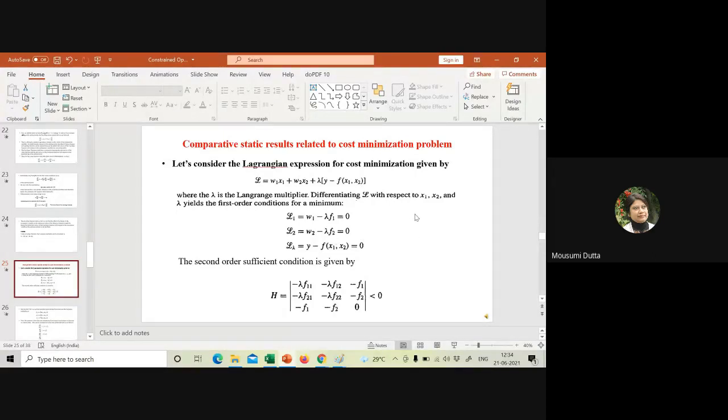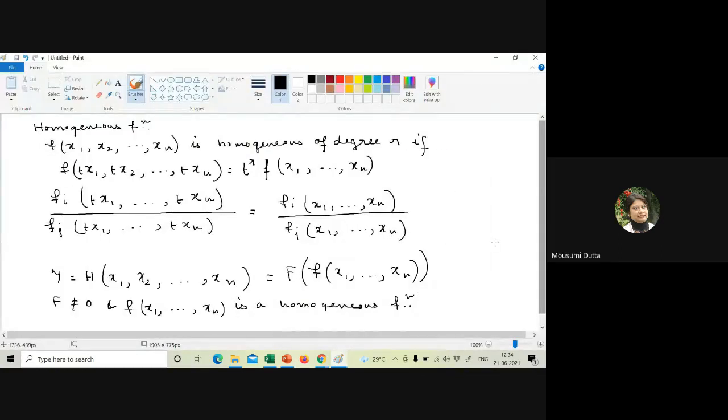Before going to comparative static results, or discussing some derivations on the basis of the optimum value function, let's discuss a note on homogeneous and homothetic function. All of you did this in first semester. However, just as a note, please add these things so that you understand these are also part of the syllabus.